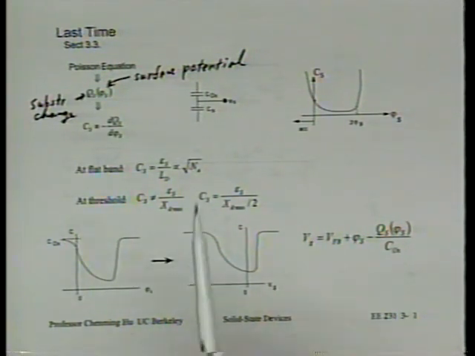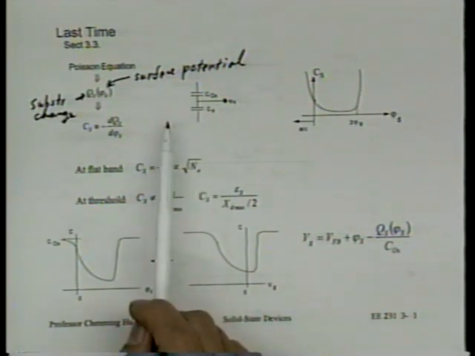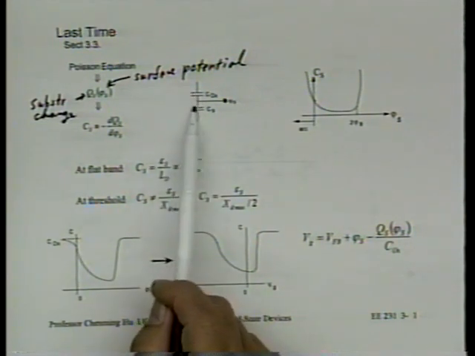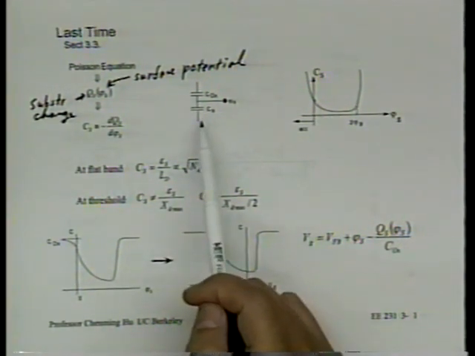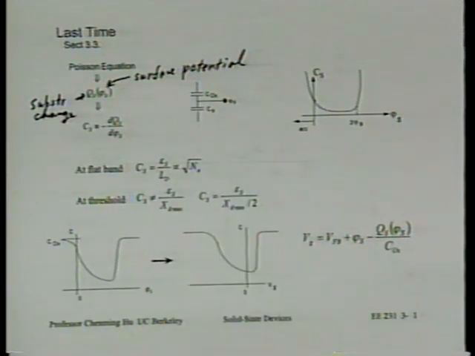Okay, the equivalent circuit would look like this. We have an oxide capacitance in series with the substrate capacitance. This defines the substrate capacitance, and this defines phi s, that's the relationship. All right? Good. Try to think of this CS as a very real capacitance.